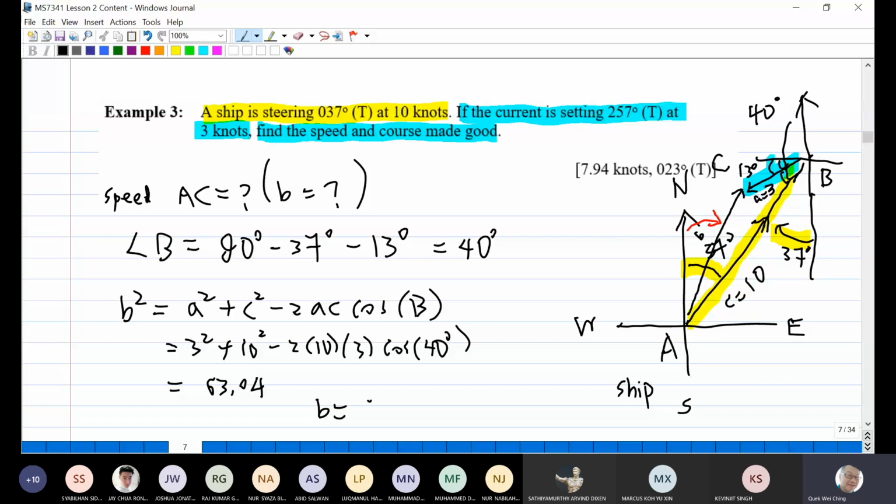Okay, 7.94. So that is why they get 7.94 knots from here.